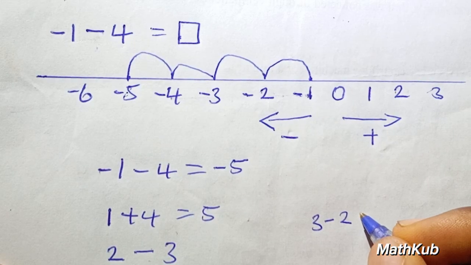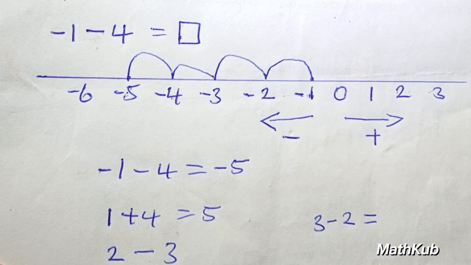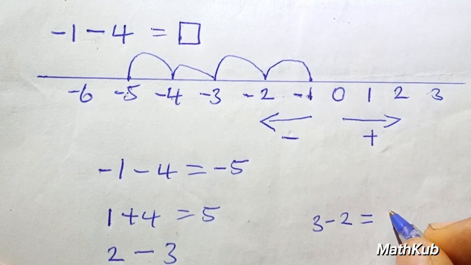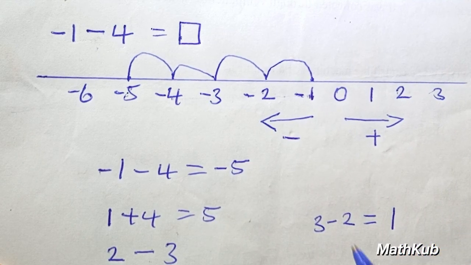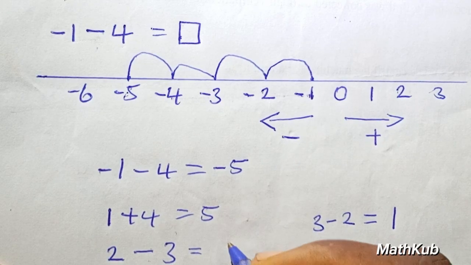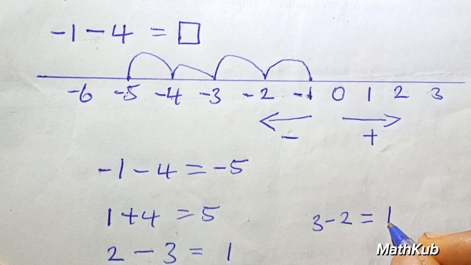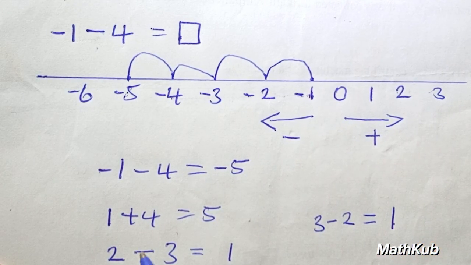You first subtract as normal subtraction, taking the bigger number first. After subtracting, your answer is 1. Then you take the sign of the bigger number, which is minus.